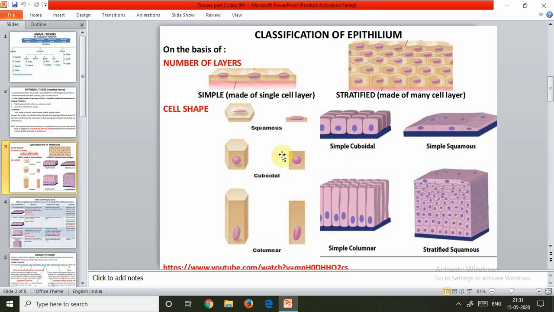So there is also division on the basis of the cell shape, but first we'll talk about the functions of epithelial tissues. So the cells of the body surface, that is the epidermis, form the outer layer of the skin. So the outer layer of the skin is made up of the epidermis tissue, and this epidermis tissue protects the underlying cells.